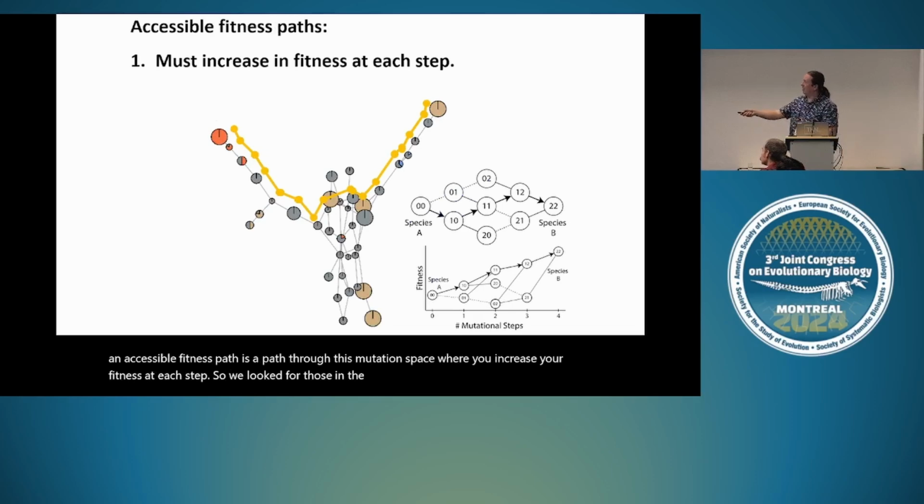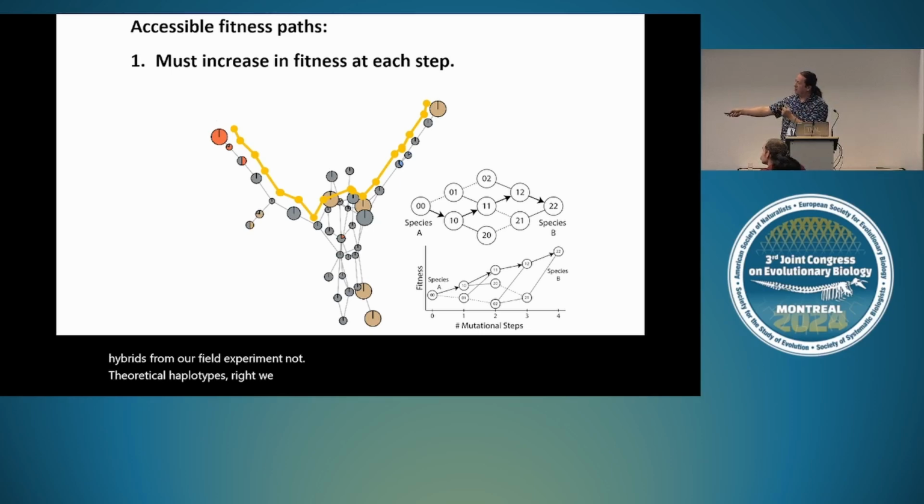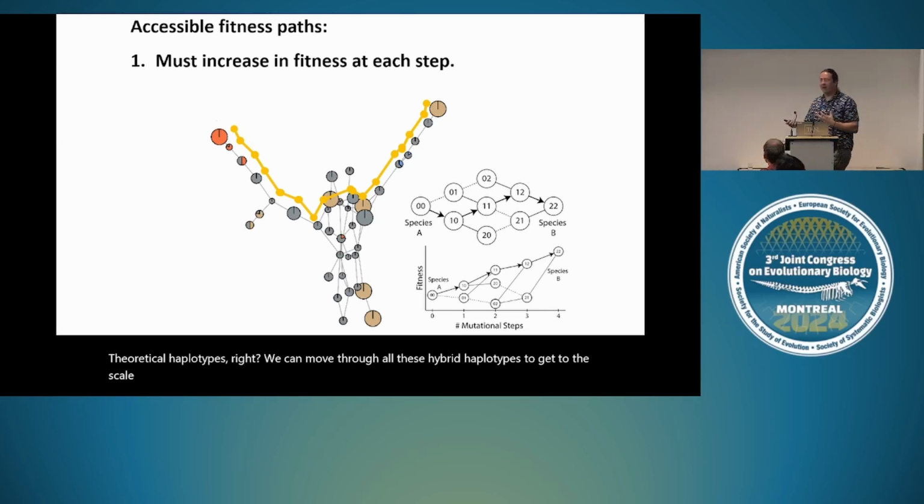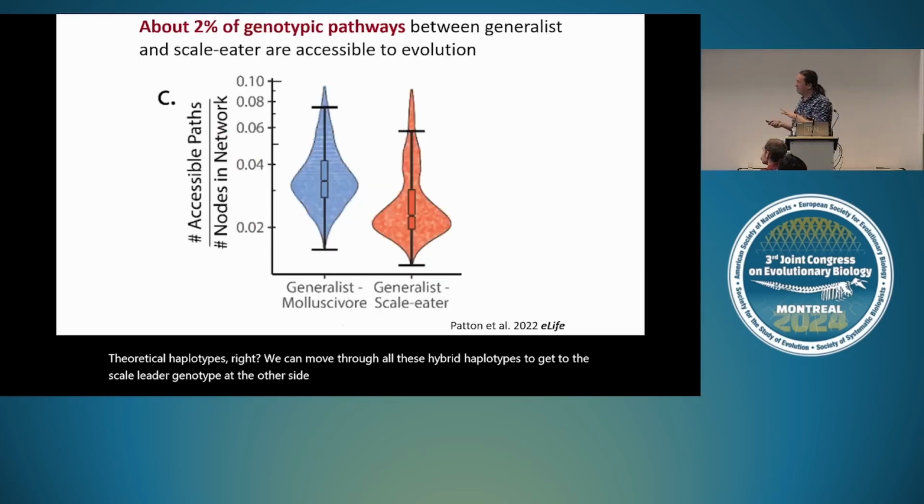And so that would look like this. We're moving from a generalist through all these observed, these are actually observed sequenced hybrids from our field experiment, not theoretical haplotypes, right? We can move through all these hybrid haplotypes to get to the scale leader genotype at the other side, right? And by doing this, we estimated that about 2% of genotypic pathways between generalist and scale leader are accessible to evolution.